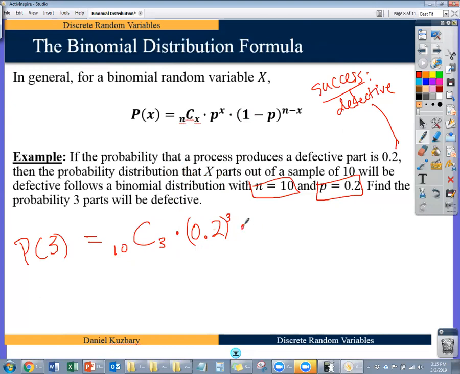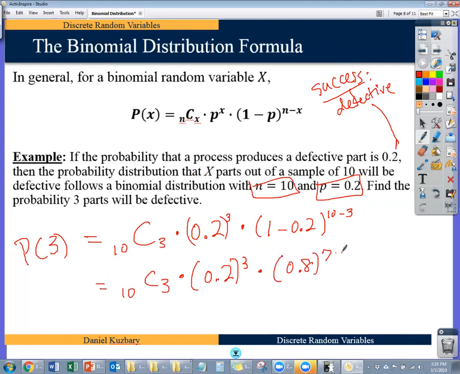And then 1 minus p is going to be 1 minus 0.2, which is 0.8, but I'll write it like this, to the n minus x power, or to the 10 minus 3 power. Let me clean this up just a tiny bit. This is 10C3 times 0.2 to the 3rd times 0.8 to the 7th power.